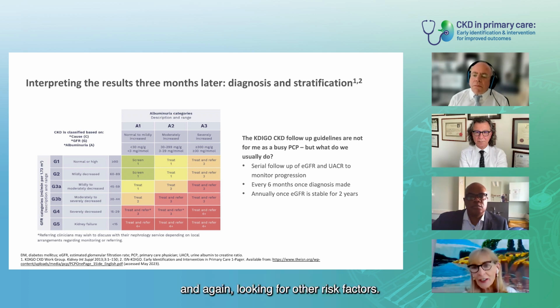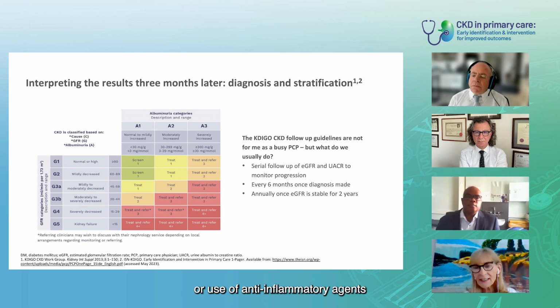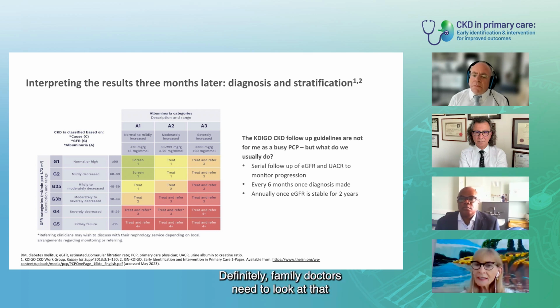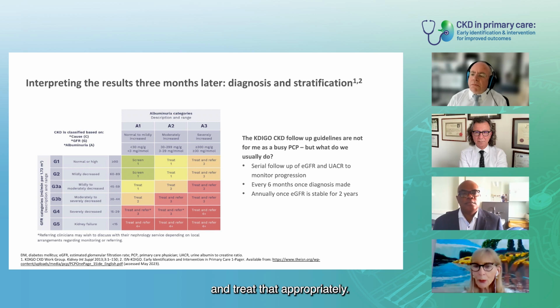And again, looking for other risk factors, recurrent dehydration if they're working out in fields or hot work environments, or use of anti-inflammatory agents, to see if there are any other causes that could be contributing. So you've got them in that yellow zone. Definitely family doctors need to look at that and treat that appropriately.